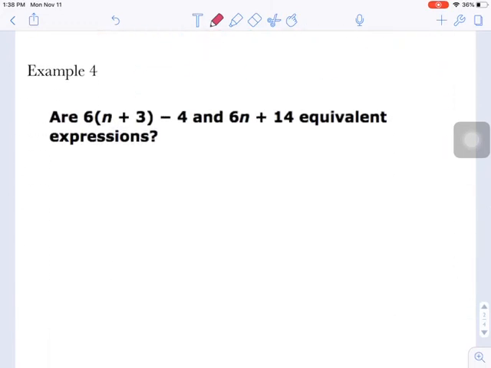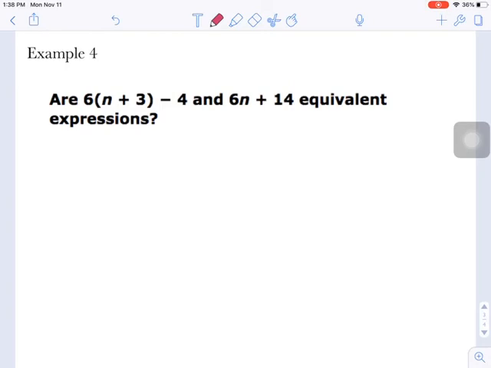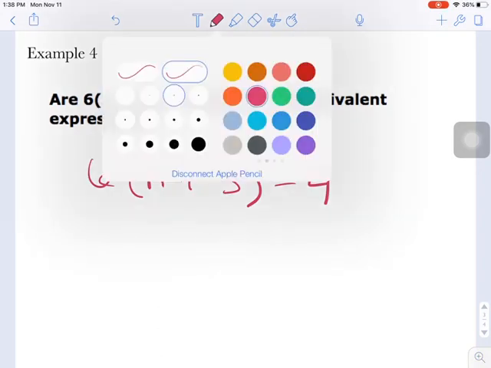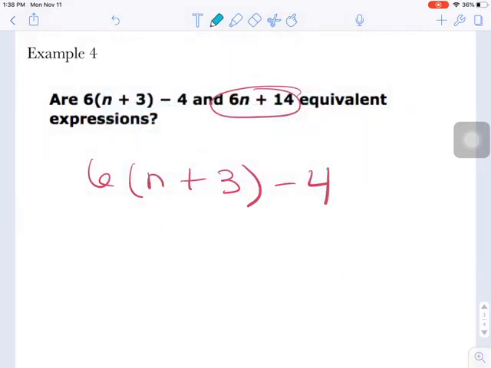All right, last one. Are 6 times n plus 3 minus 4 and 6n plus 14 equivalent? Again, this one stays the same. There's nothing more we can do with that right now. But we have 6 times n plus 3 minus 4, and I'm going to use my distributive property. Whatever's on the outside, I'm going to multiply by my terms on the inside.